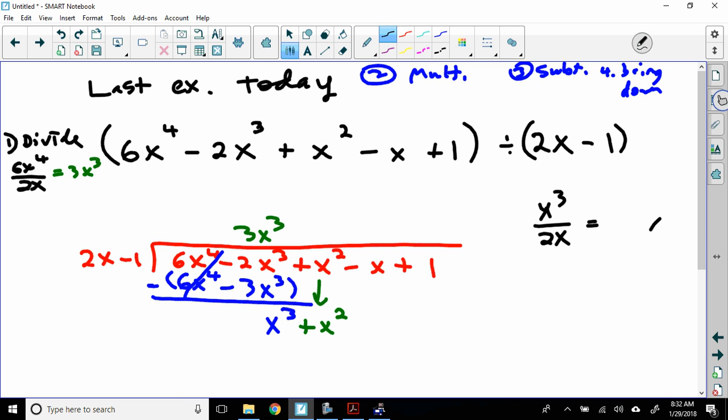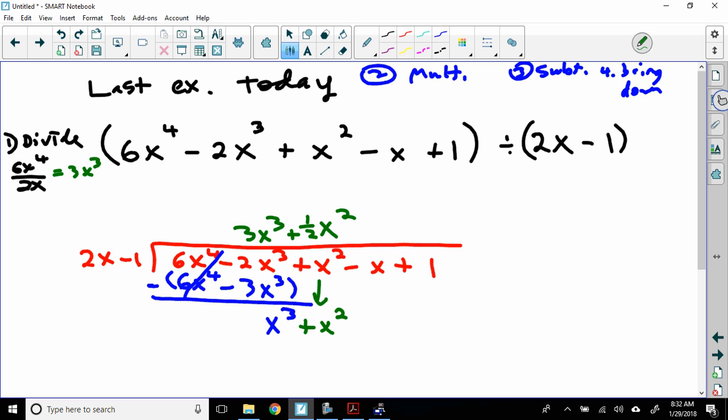Isn't it going to be something x squared? Would it be 1/2 x squared? 1/2 x squared? Okay. So this is plus 1/2 x squared. All right.